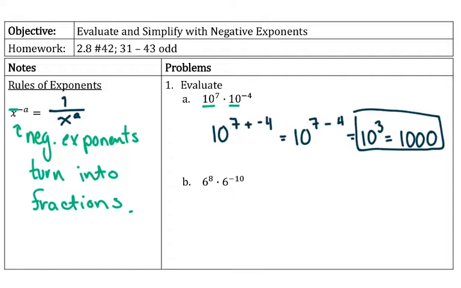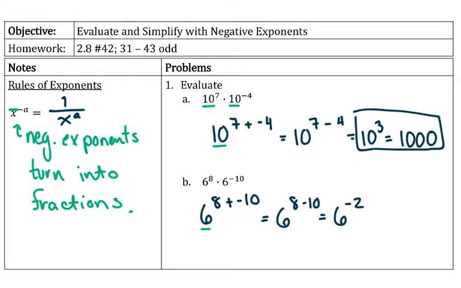Now, it becomes a little bit trickier here when we have something like 6 to the 8 times 6 to the negative 10. Again, they have the same base, so we're going to add the exponents. Notice that, again, the base is staying the same. So this becomes 6 to the 8 minus 10, which is 6 to the negative 2.